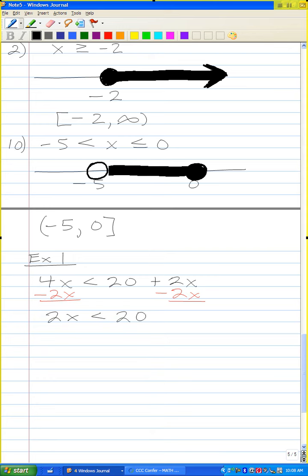Notice that I've been careful here to subtract the smaller value of x from both sides of my inequality so that I have a positive constant in front of x. So now I can use the multiplicative property of inequality to divide both sides of my inequality by the positive constant 2. Since it's a positive constant, I don't have to worry about the inequality switching. So I have that x is less than 10. And notice that I've written this in standard form.